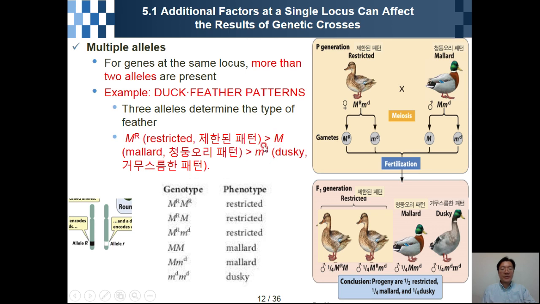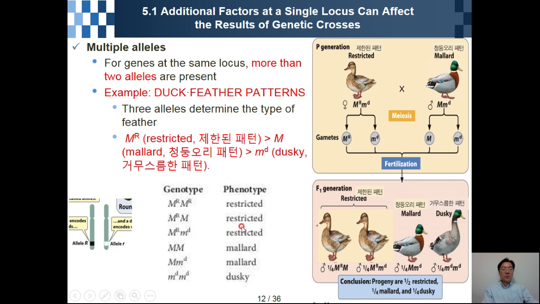Okay, in this case, when the genotype is MR, the phenotype will be restricted. How about in these cases? Large MR and M, in this case the phenotype is also restricted, 제한된 pattern. How about MR and small md?